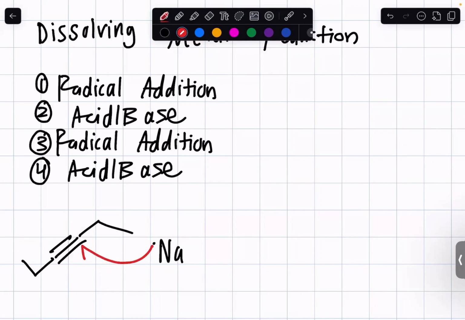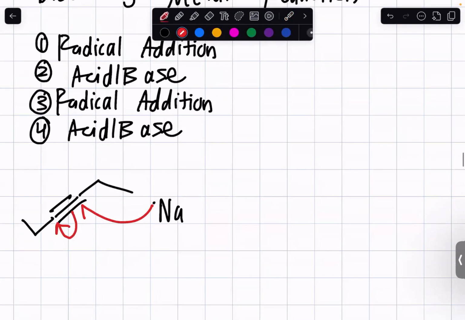Draw a single hook arrow to show the movement of one electron attacking one of the carbons of the alkyne, one of the pi bonds of the alkyne. Those two electrons are going to pop onto the other side of the alkyne. That's probably the weirdest part of this mechanism, right? The sodium radical attacks one carbon of the alkyne with one electron, and that pops one of the bonds of the alkyne onto the other side, giving us this intermediate here.